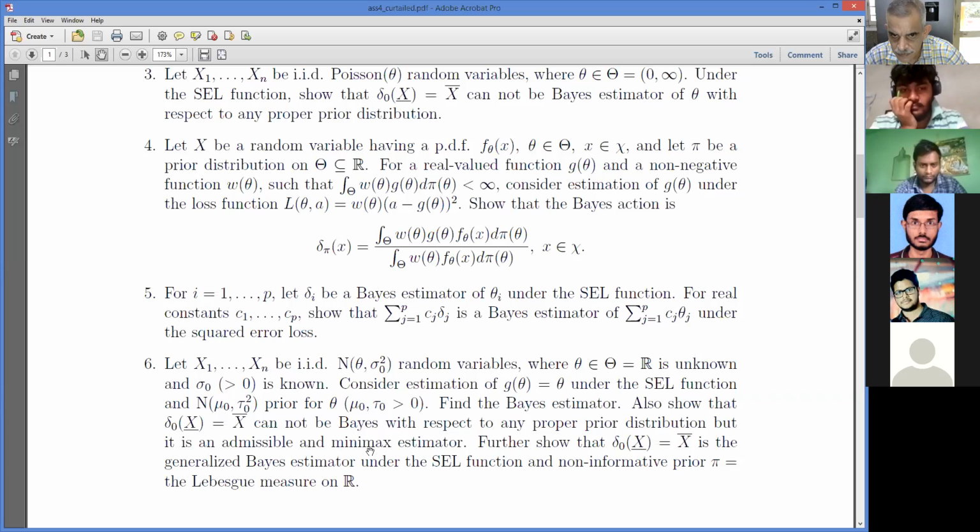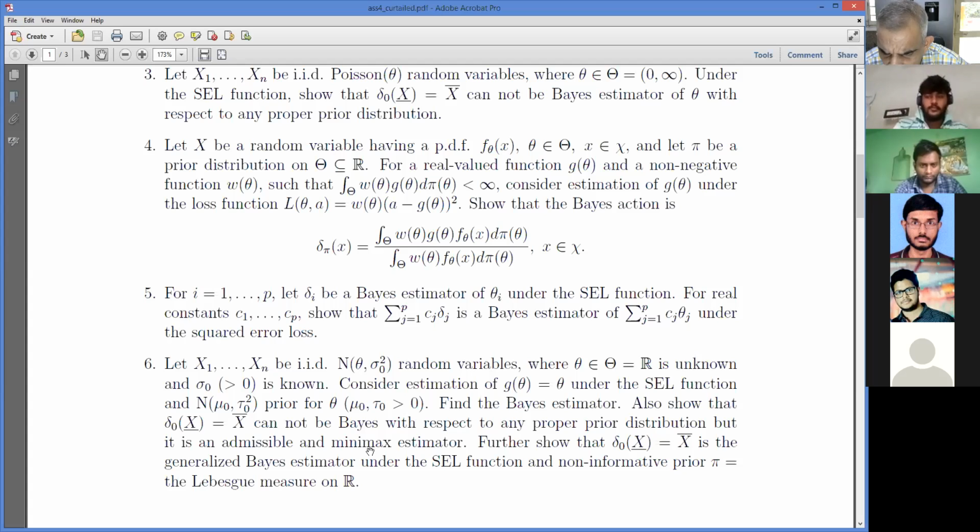Sir, also there is the generalized Bayes estimator. It is generalized Bayes with respect to the uniform prior. Yes, that I have given in the lecture notes, right? The expression for the generalized Bayes estimator you have given in class. So in that expression, the f theta that you are mentioning, that is coming from the prior distribution, so it is not a proper probability distribution, right?